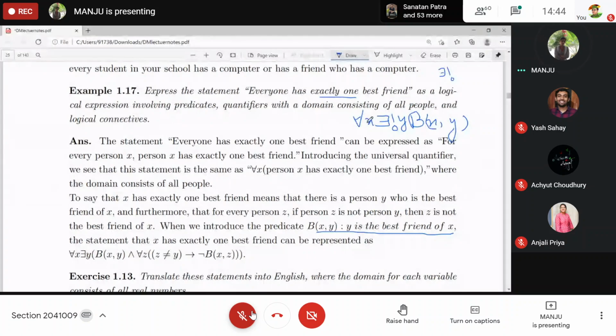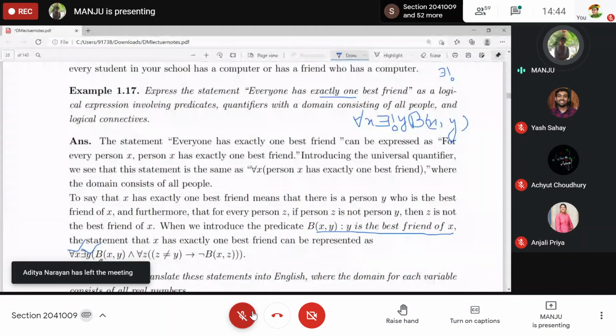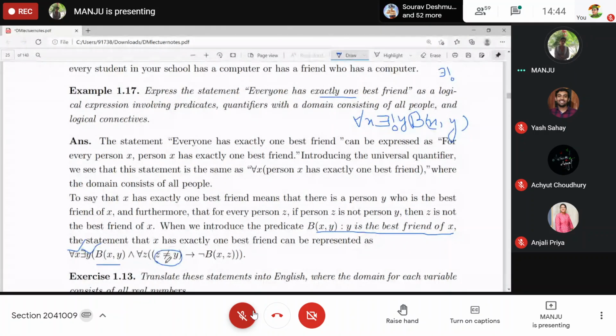Another is, if you take for all x, there exists y, that means you need to confirm also that this is not at least one, this is exactly one. This y is exactly one. So B(x,y), and for all z which are not equal to y, x and z are not friends.